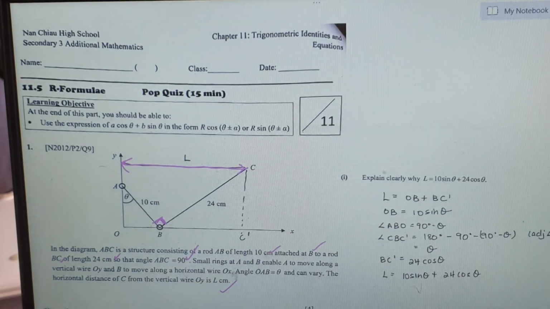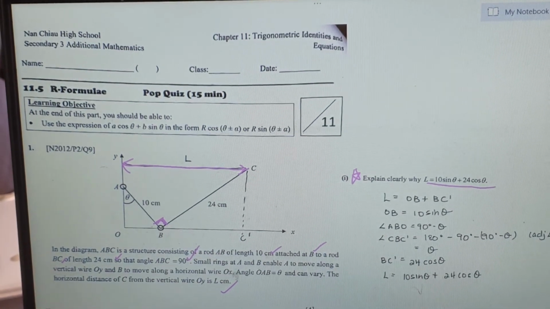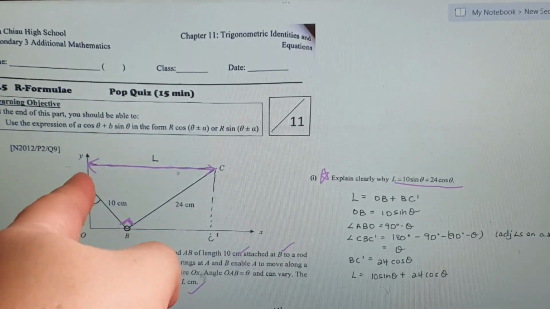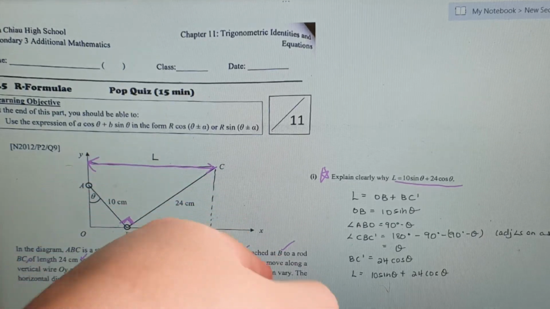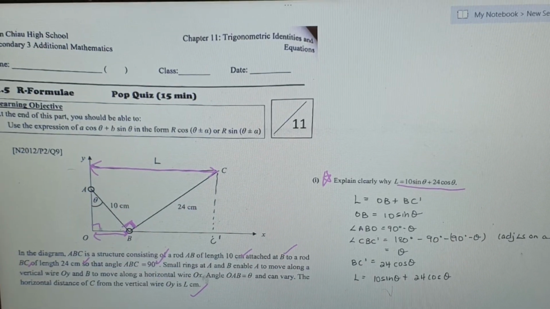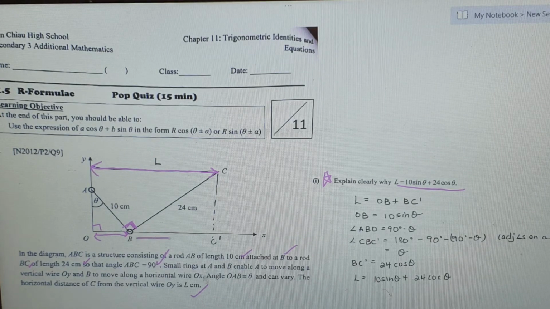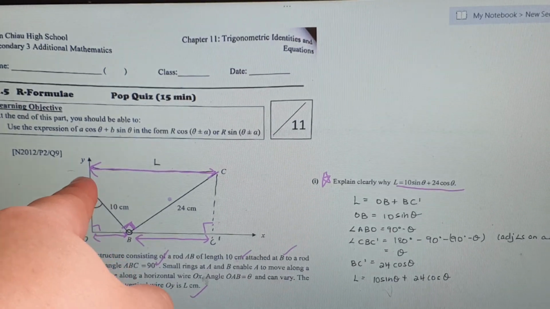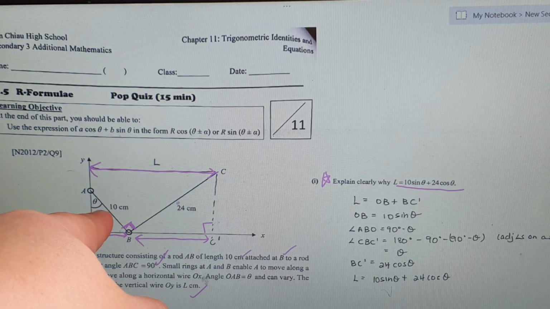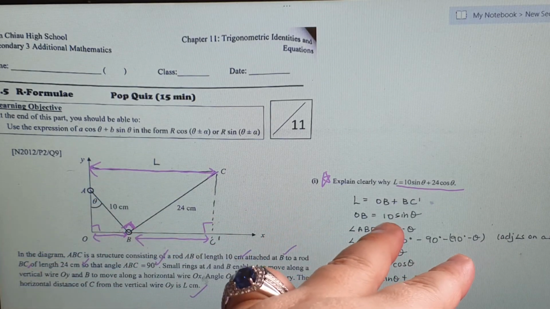Then they ask you to explain clearly why L equals to this. So how do I do this question? Don't you agree this L is this of this triangle plus this of this triangle? And using SOH CAH TOA, this is 10 sine theta. I think this part you understand, right?